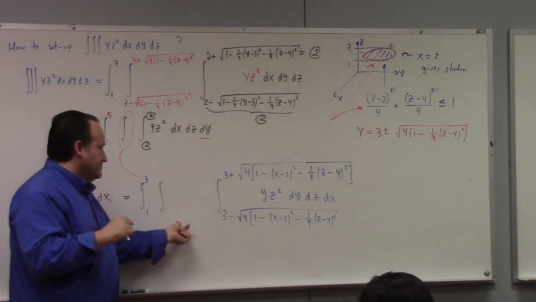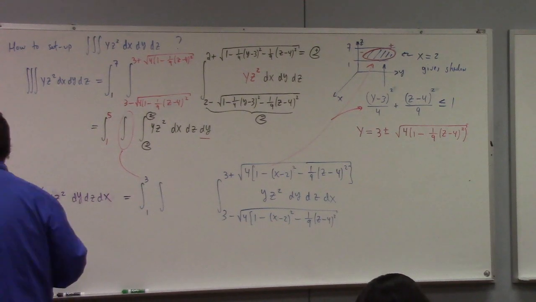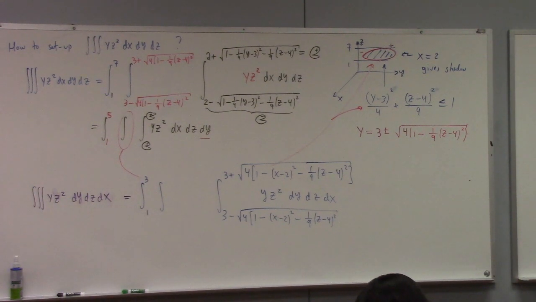So you guys, what should I put here? It goes back to this right here, right? I solved that for what variable? I'm trying to bound my z's.